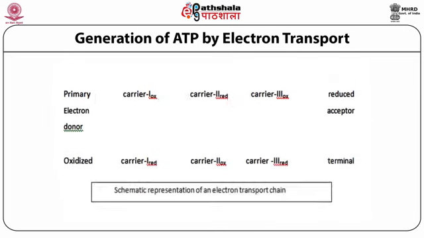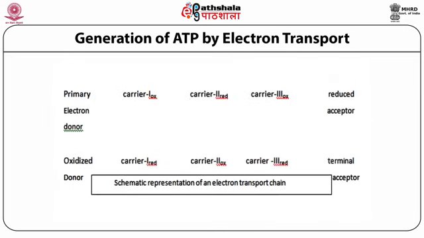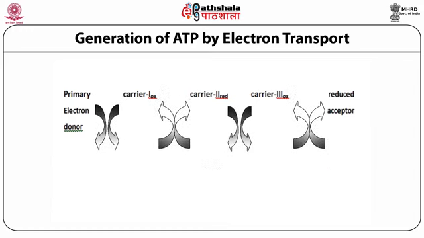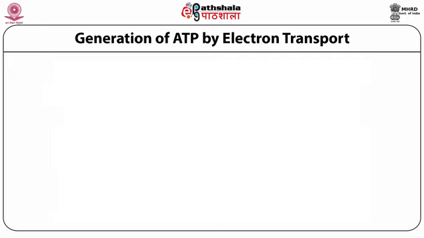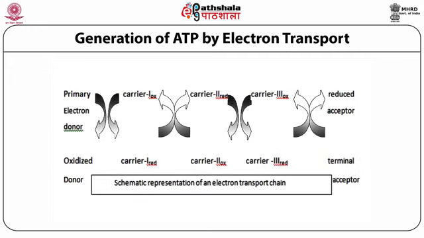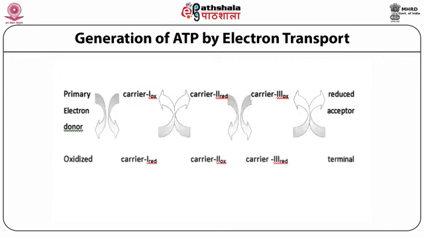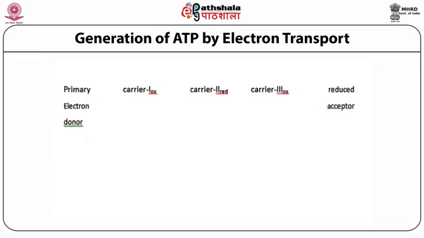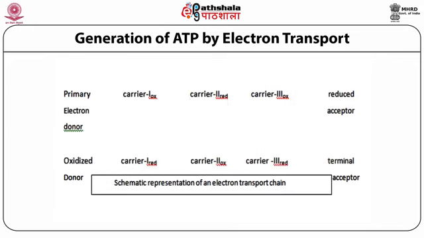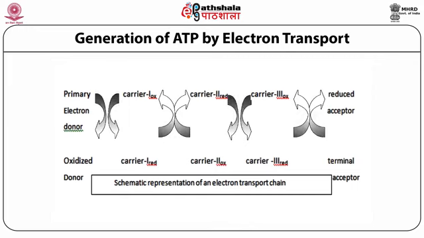Generation of ATP by electron transport. In a number of different modes of metabolism, including respiration and photosynthesis, ATP is generated by transporting electrons through a chain of carrier molecules with fixed orientation in a cell membrane. Although the complexity and components of electron transport chains vary, they have certain common features.